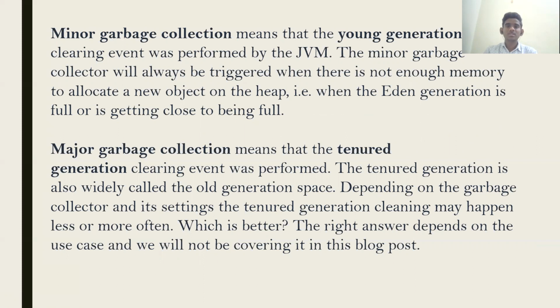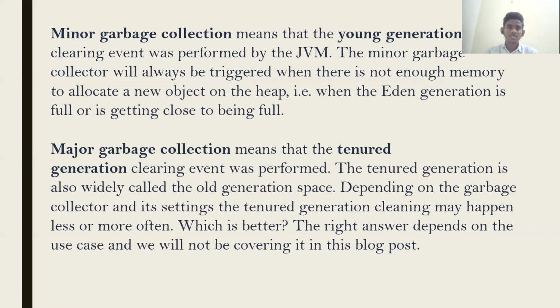Minor garbage collection means that the young generation space clearing event was performed by the JVM. The minor garbage collector will always be triggered when there is not enough memory to allocate a new object on the heap. That is, when the Eden generation is full or is getting close to being full.